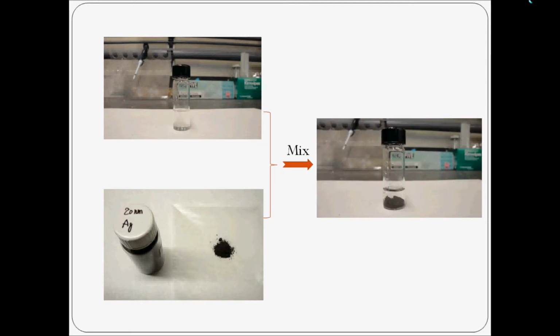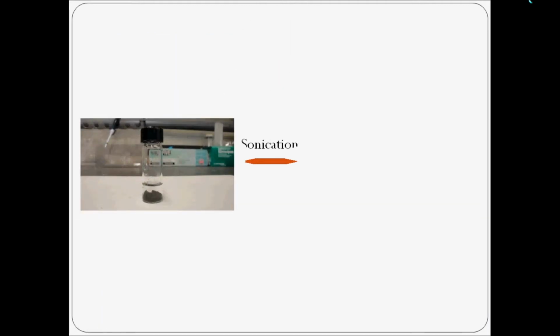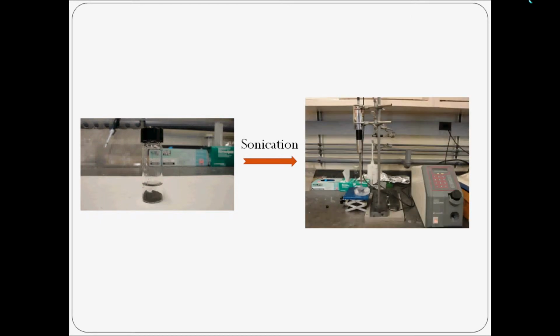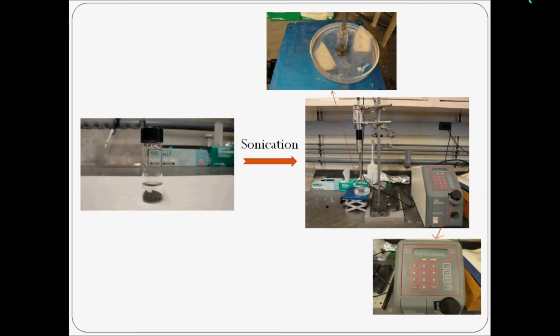This is what it looks like when we first pour the silver nanoparticles into the epoxy. And then we sonicate it. This is what we use in our lab. It's called a sonicator. And when we look closer at the suspension, we can see there is a hole dug into the suspension.